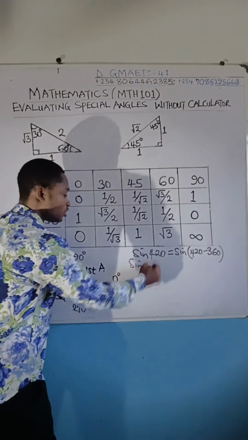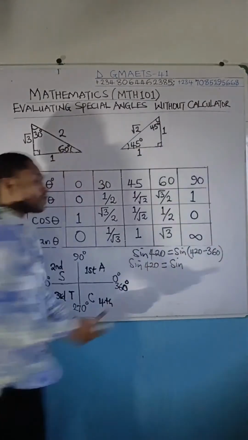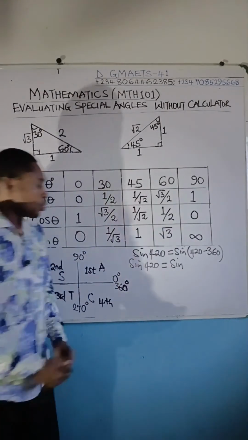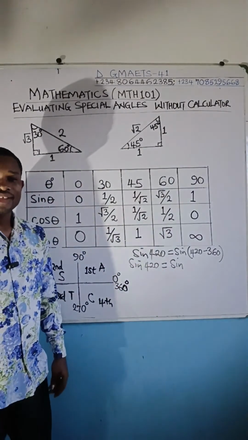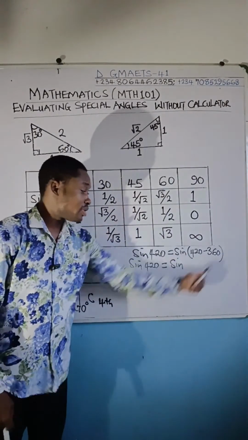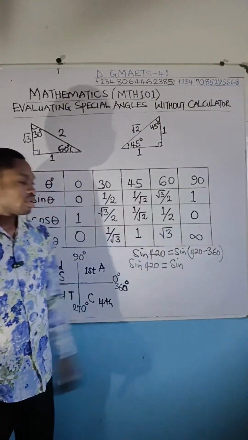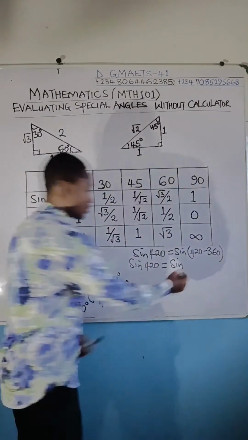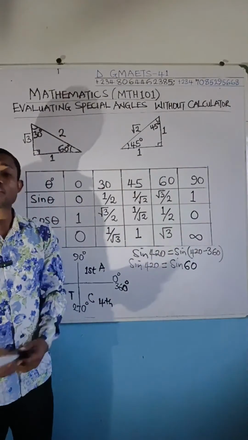And then sine 420 will be equivalent to sine of 420 minus 360, which will give you what? To find out, 0 minus 0 is 0. Then you have 12 minus 6, which of course is going to be 60. So sine 420 is equivalent to sine 60.